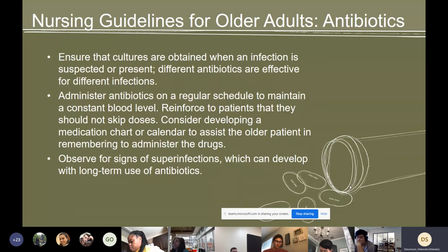Don't skip the doses, of course, and be sure that they take all the medications for the exact amount. Some of the medications will say take 10 days, some 7 days. If they only go for 3 or 4 days and they're feeling better, many times they'll quit taking it and put it in the medicine chest or the cupboard and say, oh, I'll need it next time.